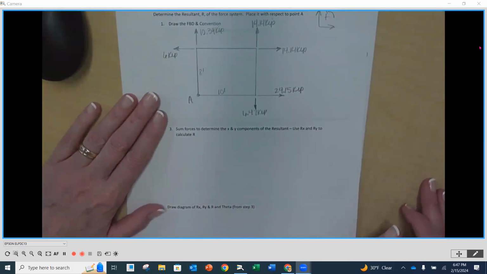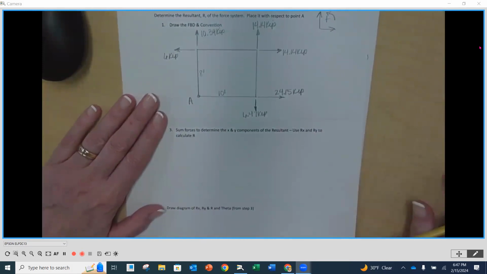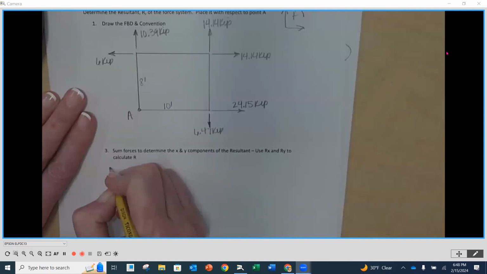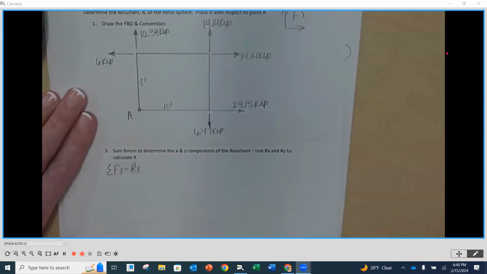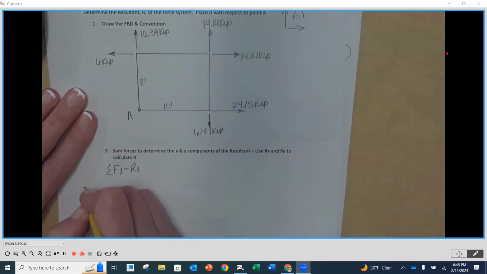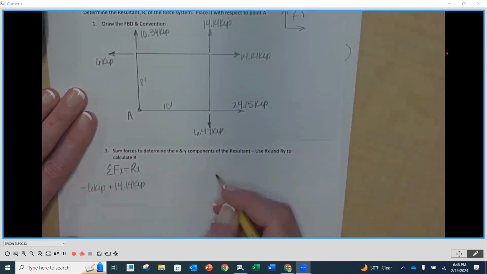So we're going to sum the forces in the X to get the resultant X component, and then we're going to sum the forces in the Y to get the resultant Y component. So sum of forces in the X direction equals Rx. As we look at only horizontal forces, we're going to have a -6 kips, a positive 14.14 kips, and a positive 24.15 kips.